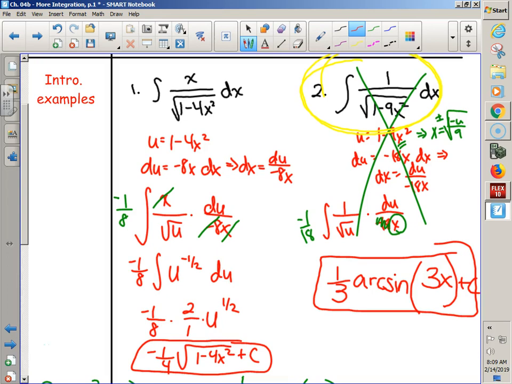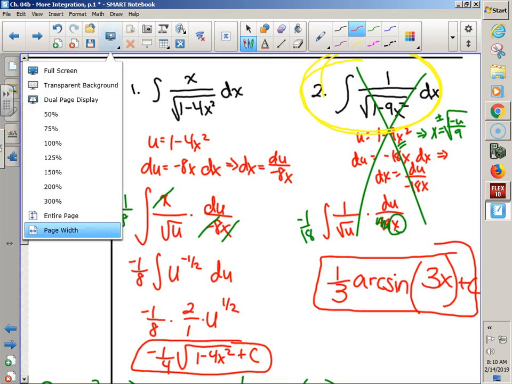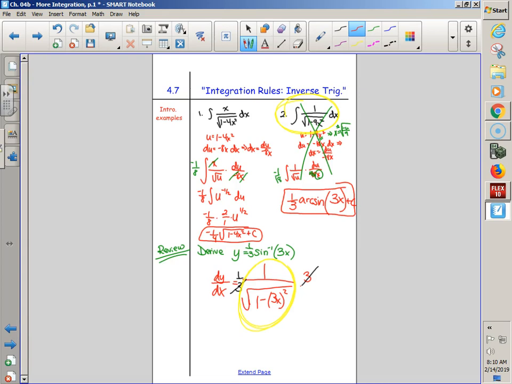Who does this guy end up needing and using? Power rule. Who does this guy end up needing and using? Arc trig. So what am I trying to warn you of? Be ready. Does that kind of make sense? At least the warning.